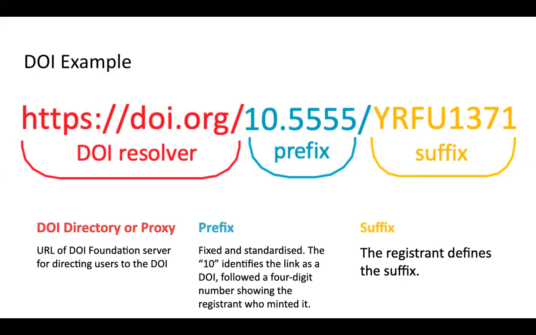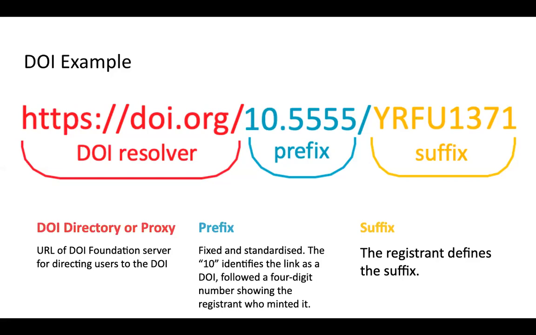This is the prefix which is assigned by Crossref, and this is a fixed and standardized number. So the 10 identifies the link as a DOI, followed by this 4-digit number, which applies to the registrant who minted this DOI. And then we have a string of letters and numbers at the end, which is the suffix.